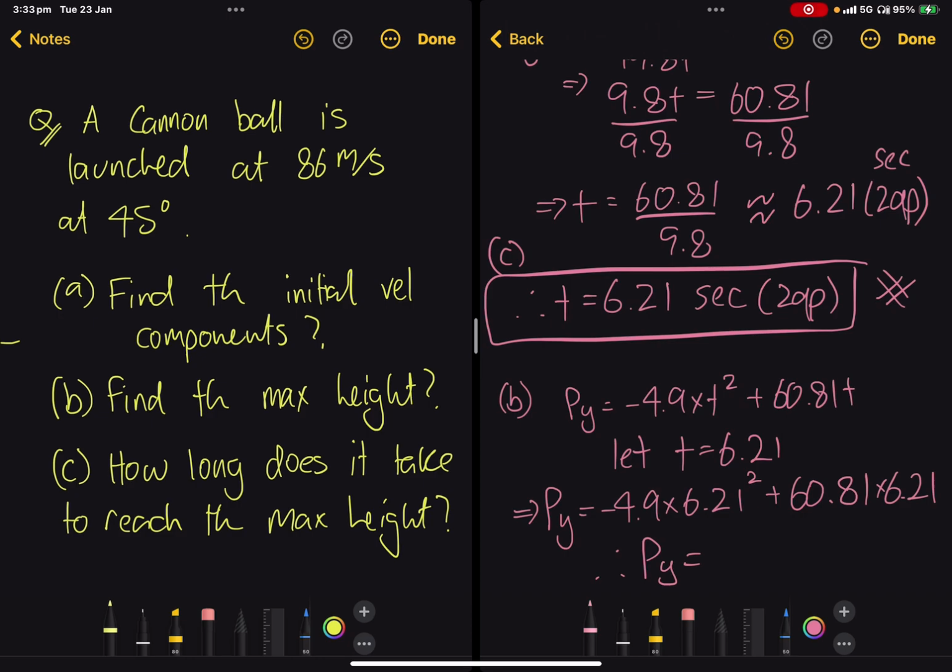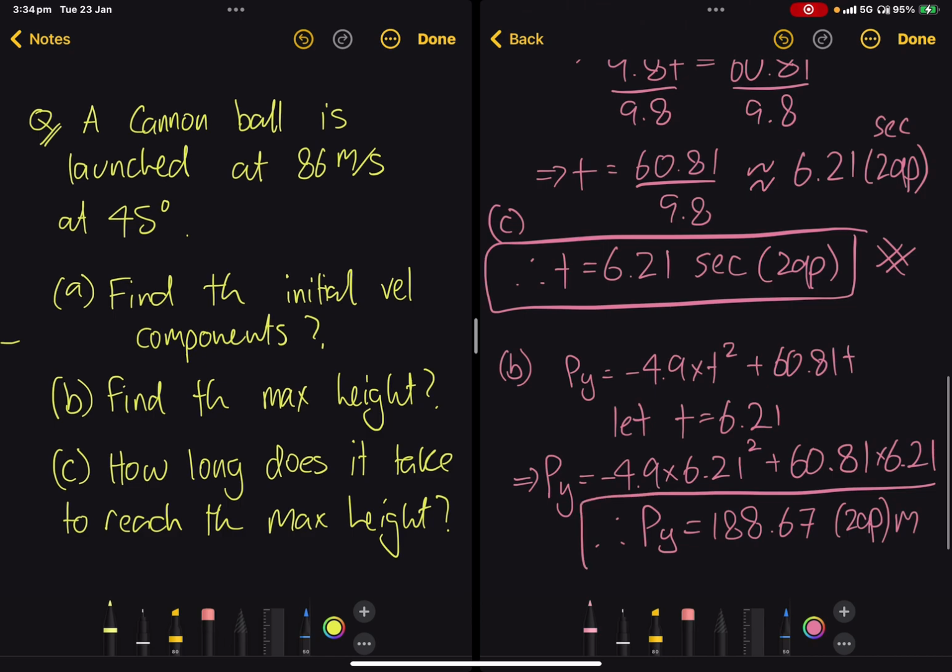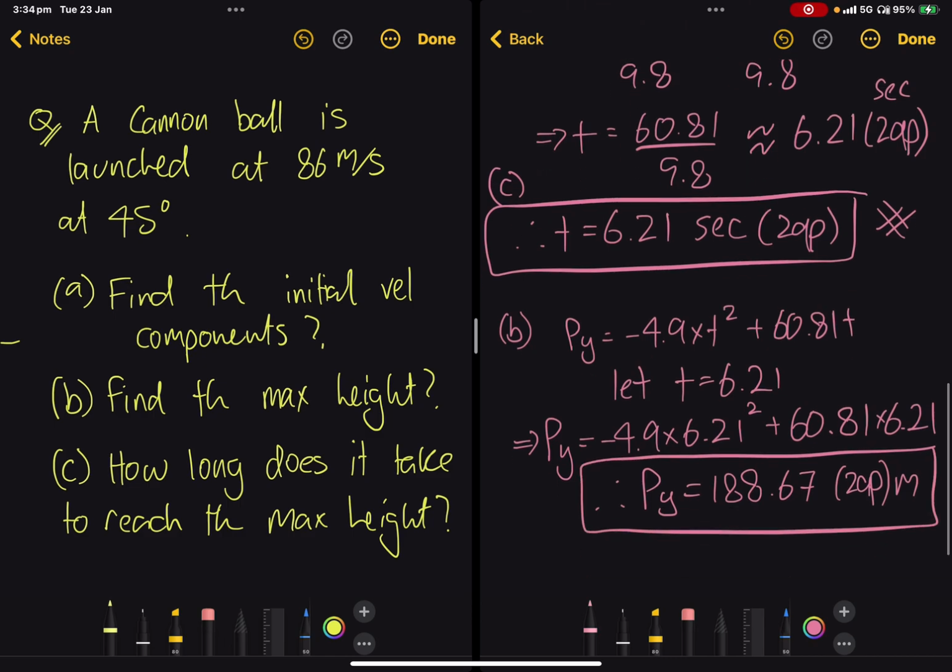This gives me 188.67. This is when rounded to 2 decimal places, and this is in meters. And so this is going to be the maximum height. So here we found the time first, because we used a method that found time first. Then we found the height. There are ways in which you could do it in the other order. It doesn't matter, so long as you're getting both of these values, and so long as they're reasonably approximated.